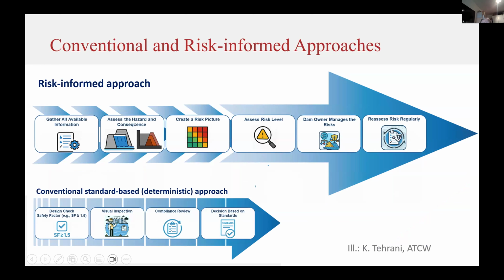Then you assess the hazard, the possibility that a slope will fail or a dam will overtop, and the consequences. Then you create a risk picture and assess the risk level, and the owner of a dam or the owner of the slope will make a decision based on this available information. So it's informed by risk.